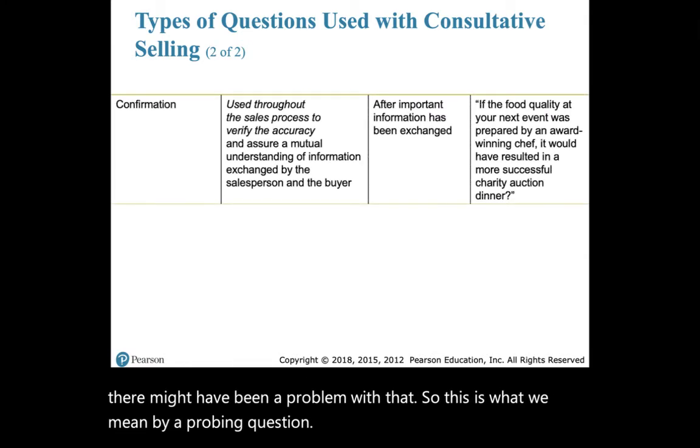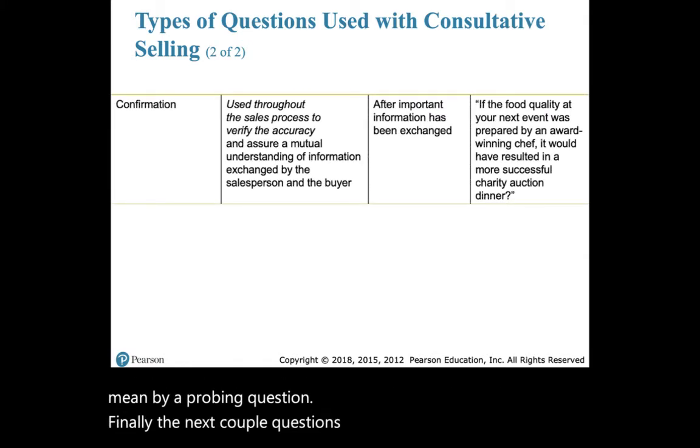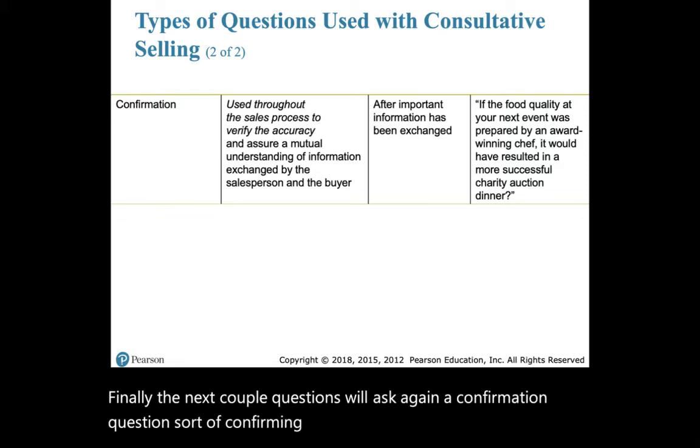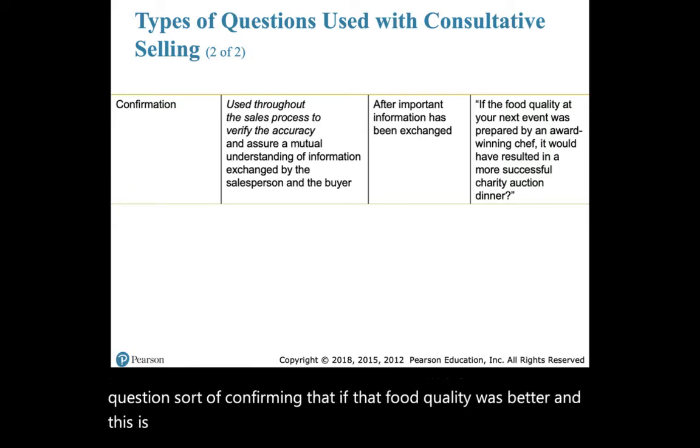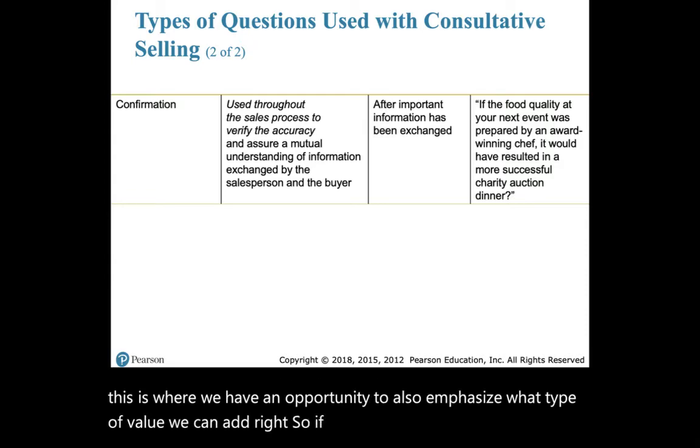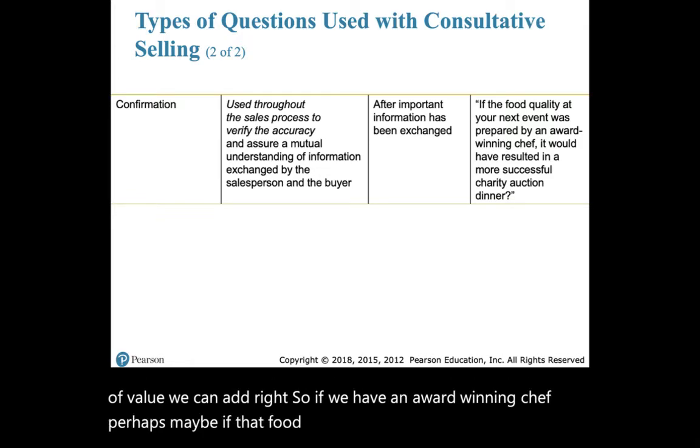Finally, in the next couple of questions, we'll ask a confirmation question, confirming that if that food quality was better. And this is where we have an opportunity to also emphasize what type of value we can add. So if we have an award-winning chef, perhaps if that food was prepared by someone like that, we could have a more successful dinner.